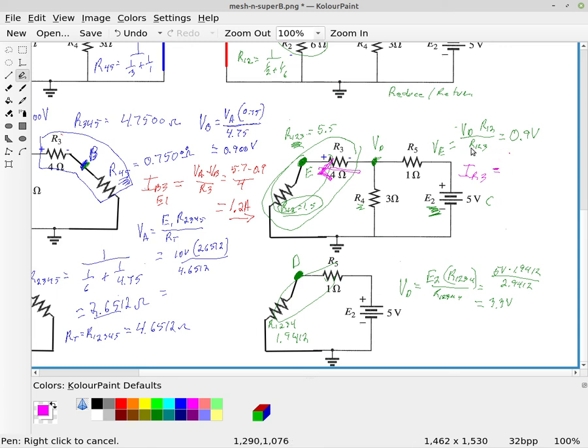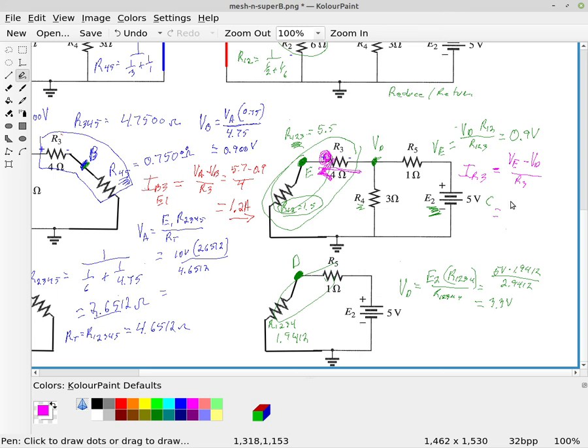Just watch your sign. If you look at the plus sign here, it says that when we calculate this, we should use the voltage E value minus the voltage D value divided by the resistance R3. What that's going to give you is a negative, which is telling us that the current is going from right to left instead of left to right.